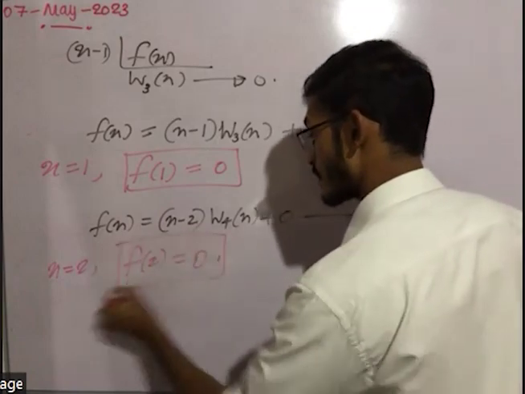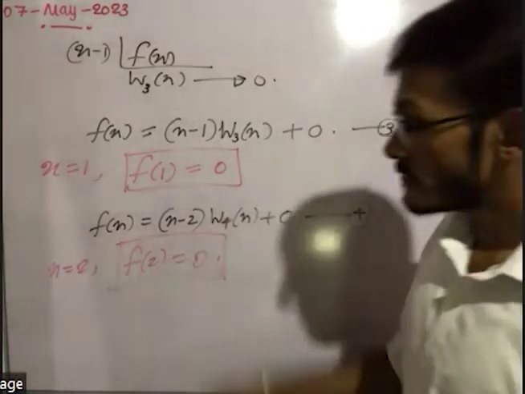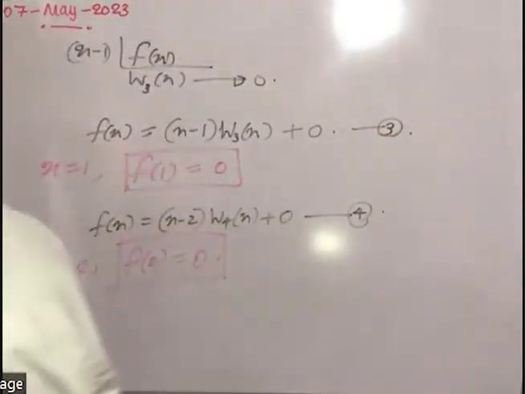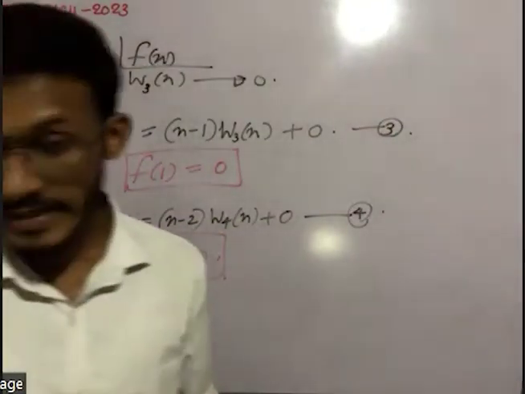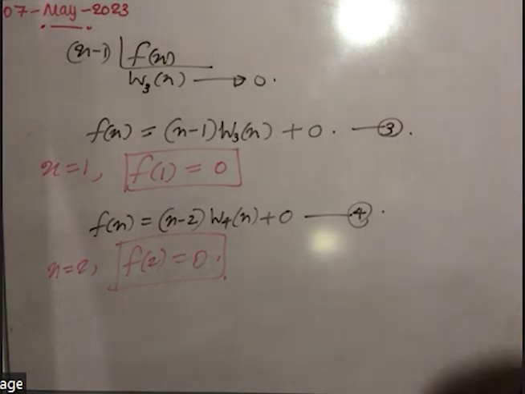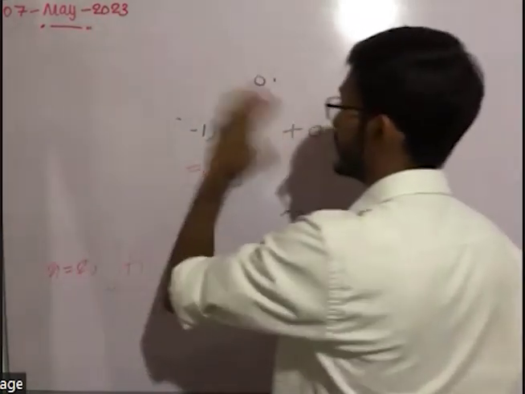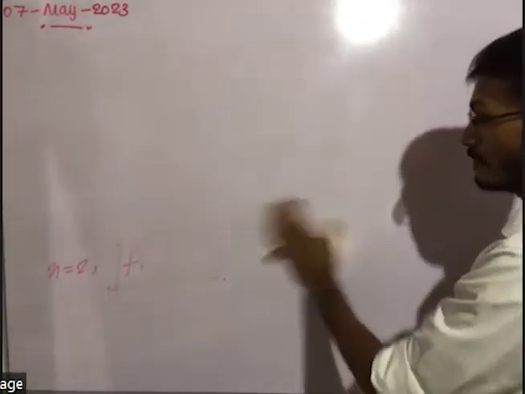That is the fourth expression, right? Now using these four, we can find the values of a, b, c, d, right? Now let's find the values.